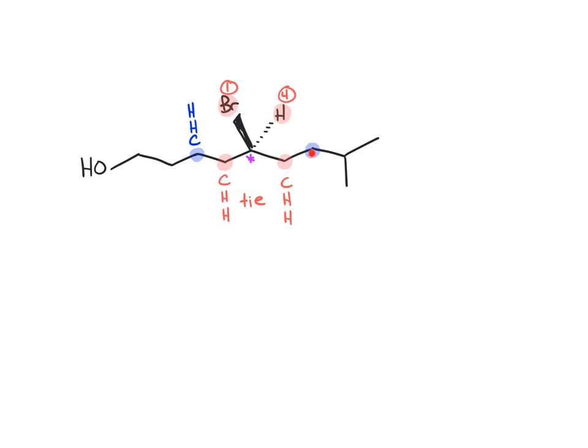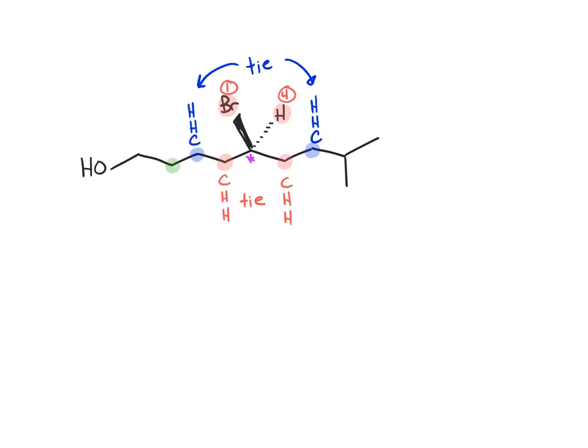Okay, on the other side, we have the attachment back to the chiral center that we're not going to count, but then this is attached to a carbon, a hydrogen, and a hydrogen. Well, we have another tie. If that's the case, move one step further down the chain and compare.